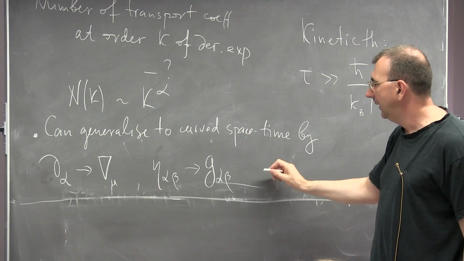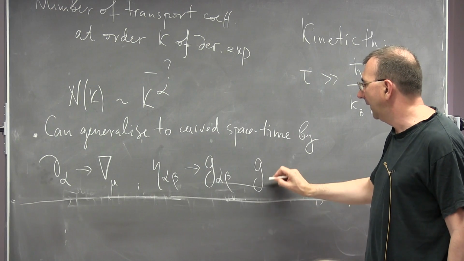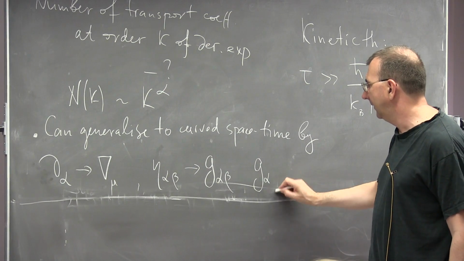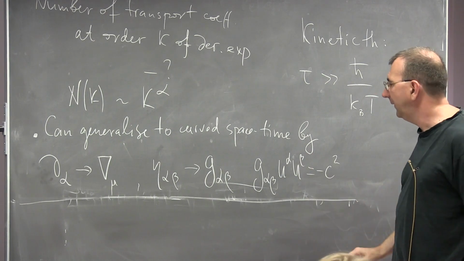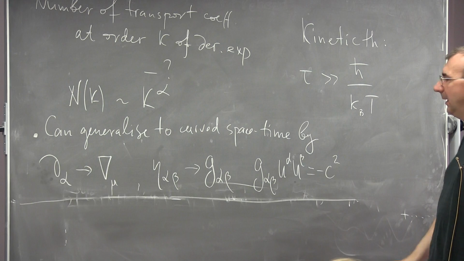Of course, your velocities are now normalized with this metric tensor, g alpha beta u alpha u beta equal to minus c squared, so you have to be careful here.